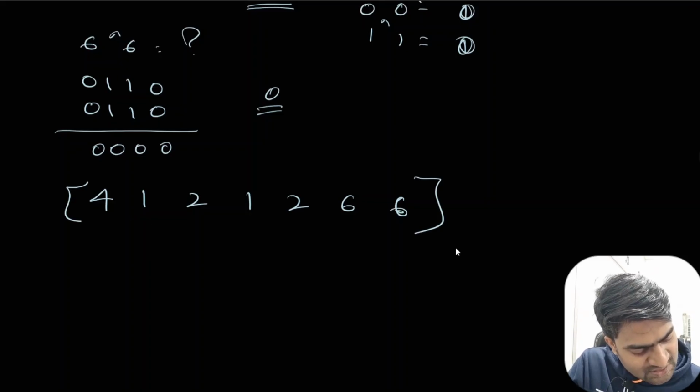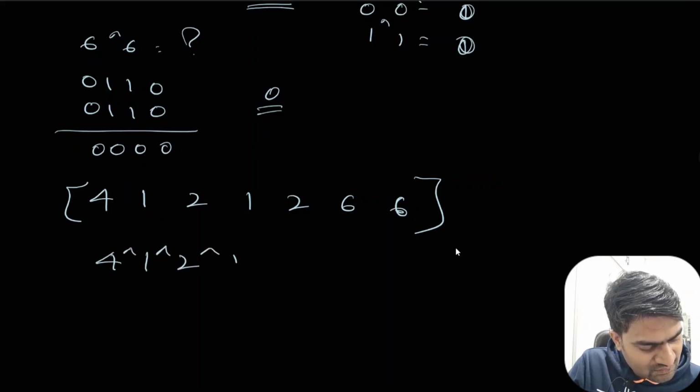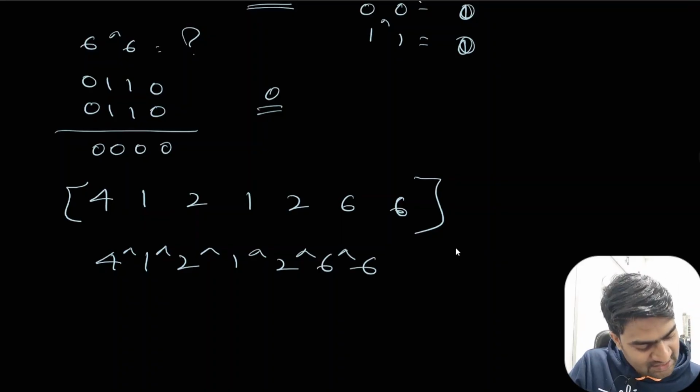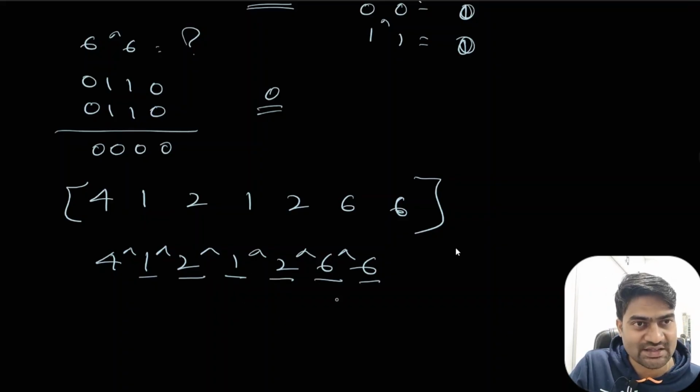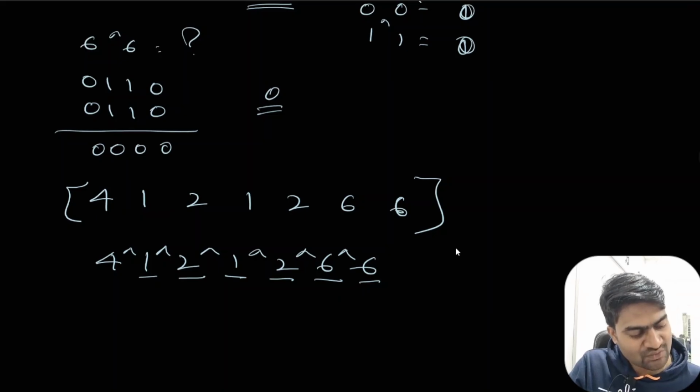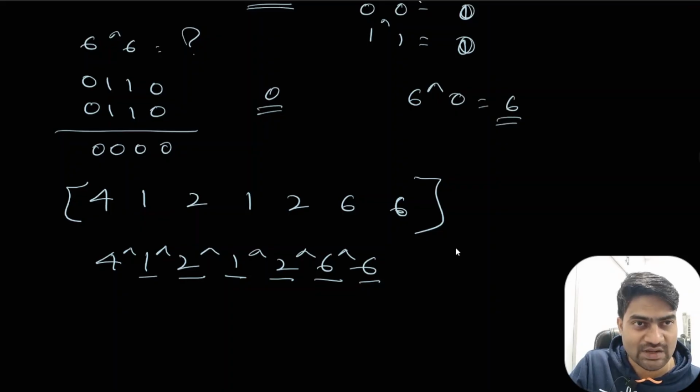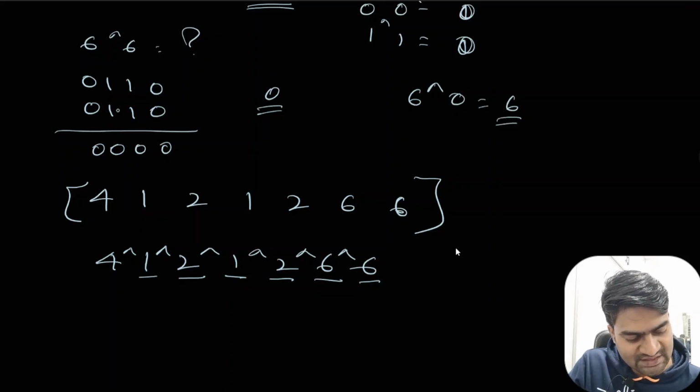If I XOR 4, XOR 1, XOR 2, XOR 1, XOR 2, XOR 6, XOR 6, then since 1 appears twice, it becomes 0. Since 2 appears twice, it becomes 0. Since 6 appears twice, it becomes 0. Now if you XOR any number with 0, it will give that number only.